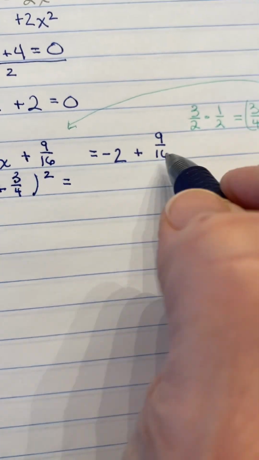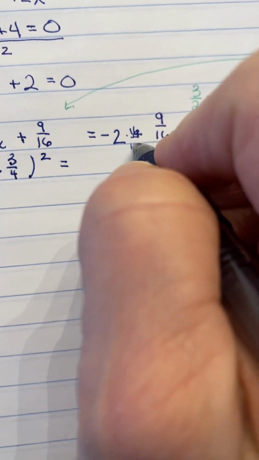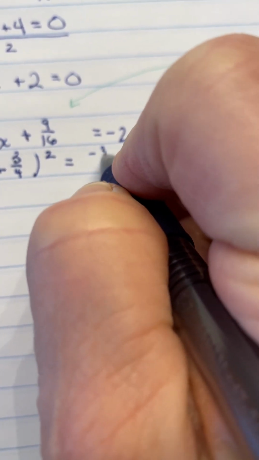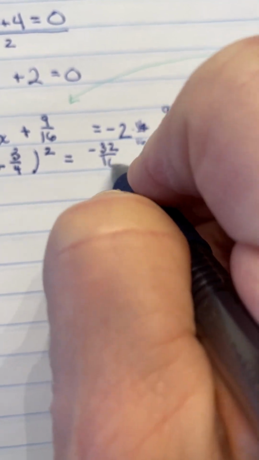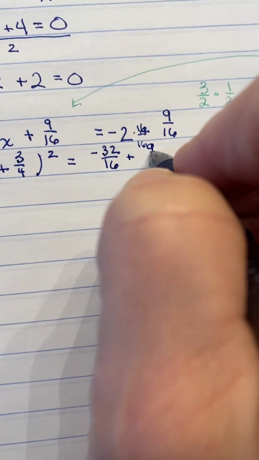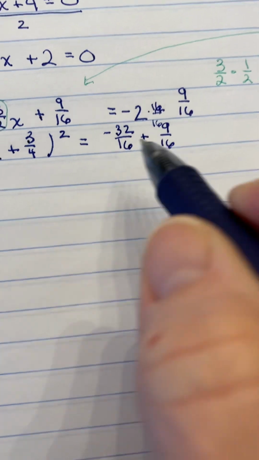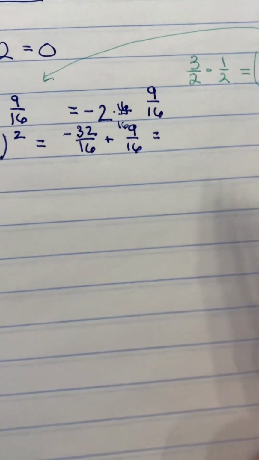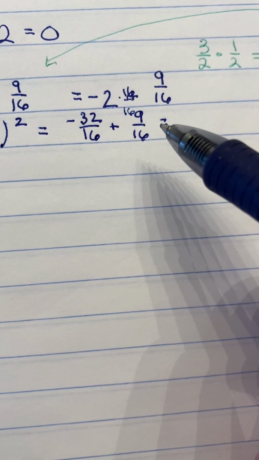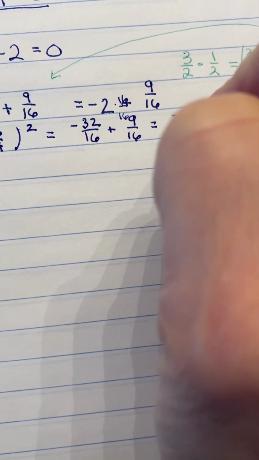I need a common denominator, so I'm going to multiply 2 by 16 over 16. So I get -32 over 16 plus 9/16. And I'm going to simplify it right there. 32 minus 9, I believe that's -23 over 16.